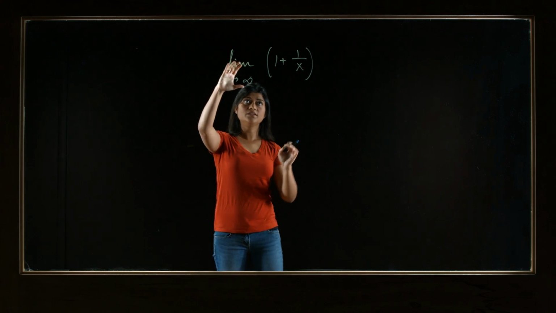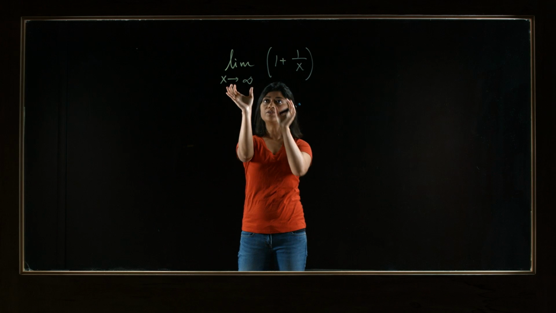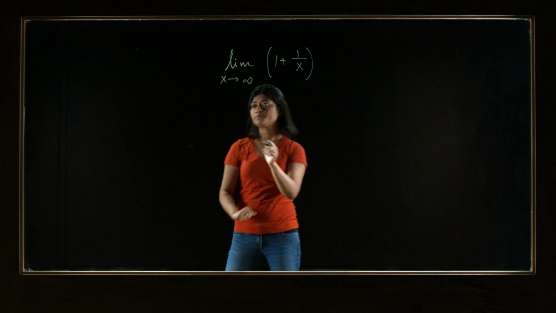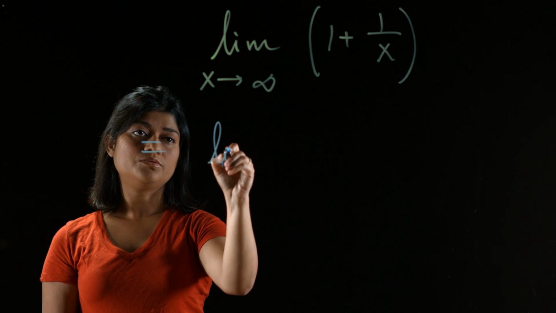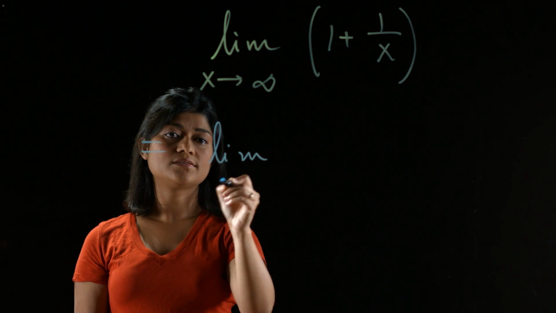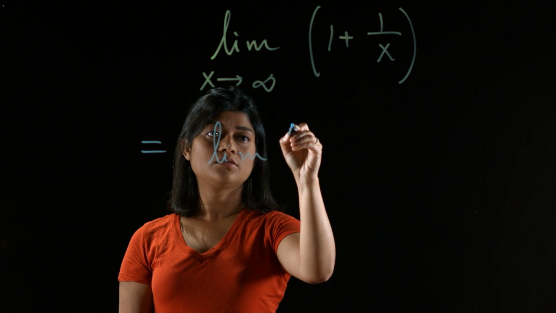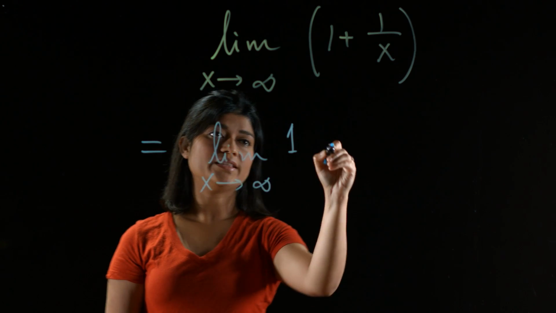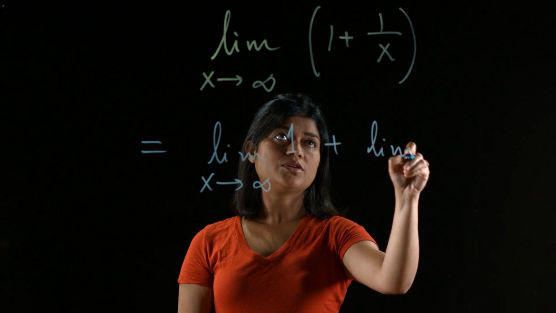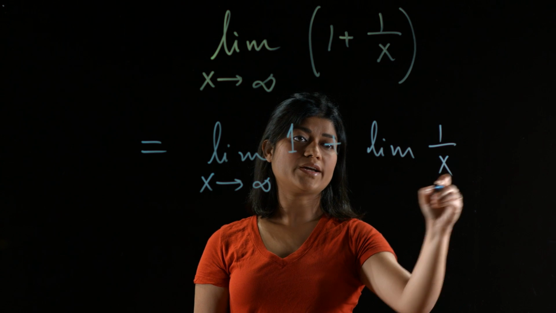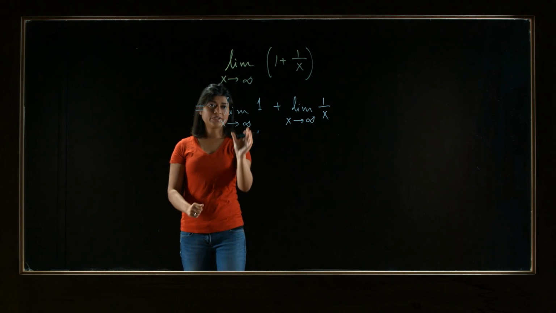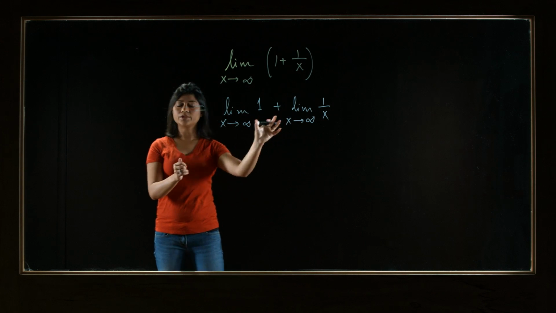So, when you're taking the limit of this entire function, you can split it into two limits and then add the two limits. So, we can rewrite this as the limit of the first function 1 as x approaches infinity, and then add the limit of the second function 1 over x as x approaches infinity. And then we can think of the two limits separately.